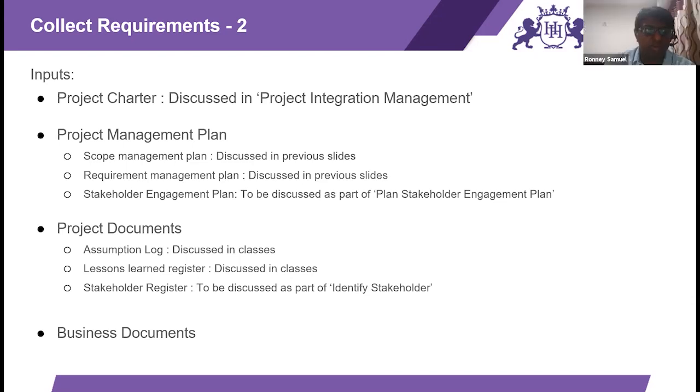Anyone remembers? A business case is basically a document stressing why the project is necessary and in alignment with the organization strategy. You're missing the most important thing: it gives the economic feasibility. Yes, economic feasibility, that is the most important thing. The rest are later. So it gives the economic feasibility of the project.